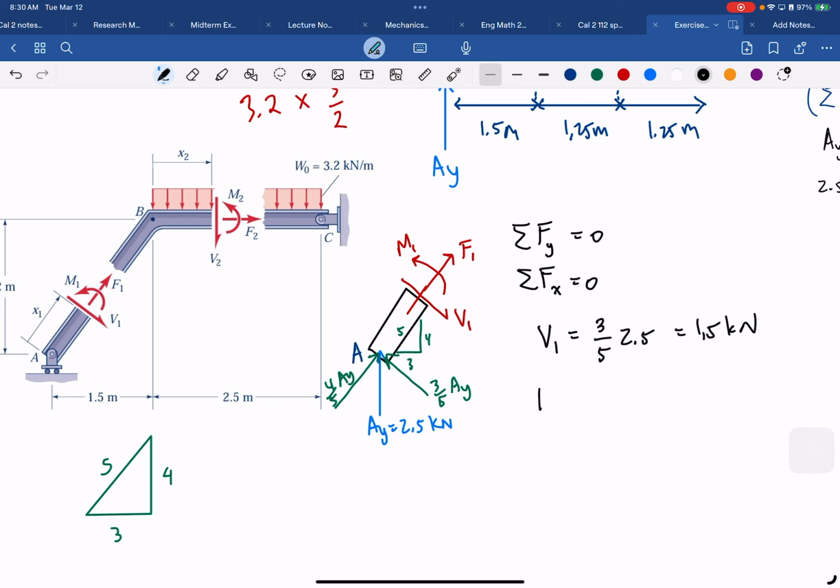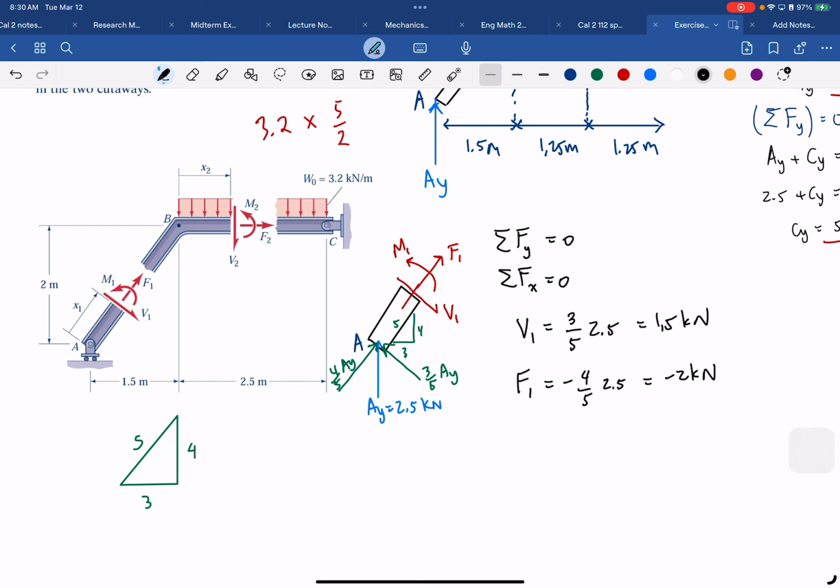And then F1 is equal to minus 4 over 5 AY, right? This will be negative 2 kilonewton. So F1 is going to be in the opposite direction, which means it's not tensile, it will be compression. So we get a compression here.